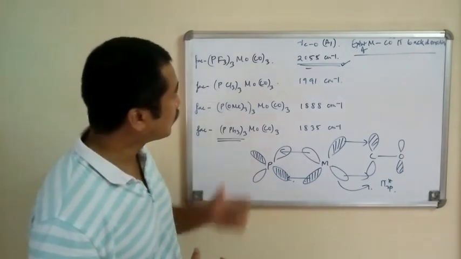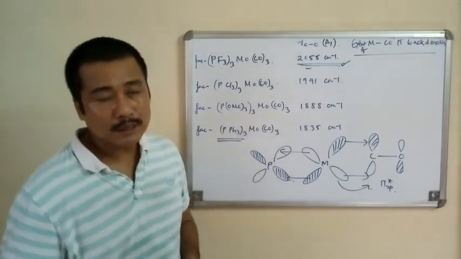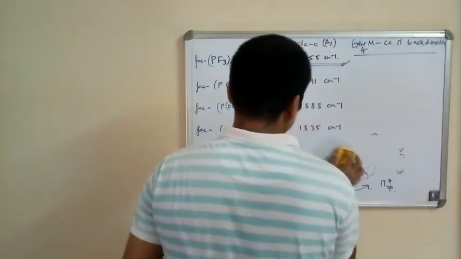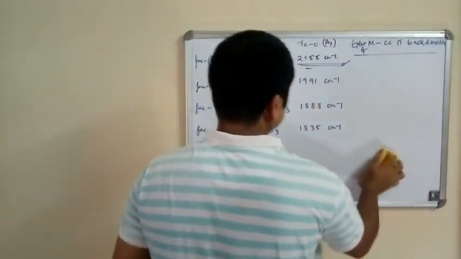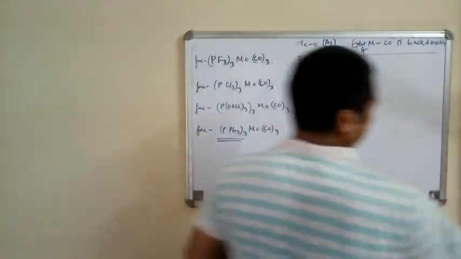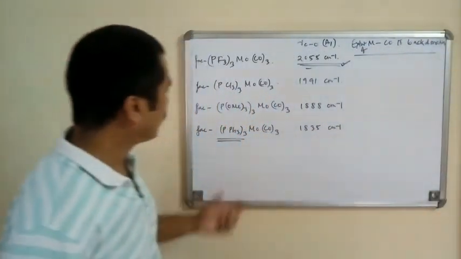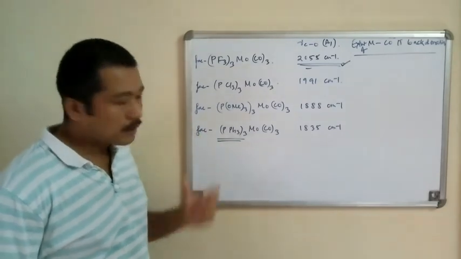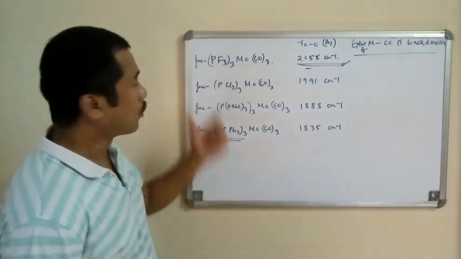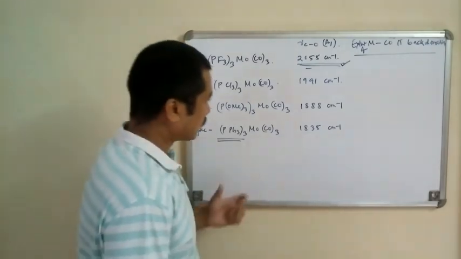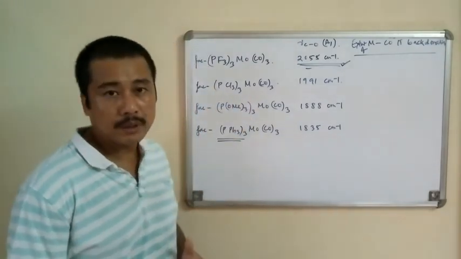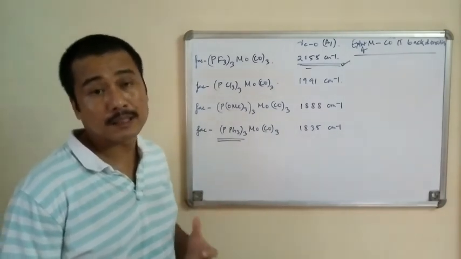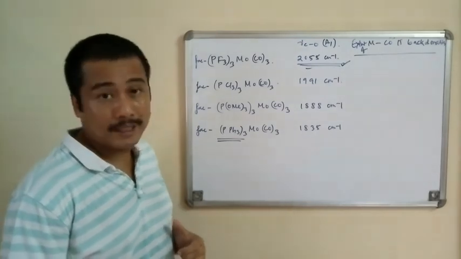So this allows us to predict the relative pi acceptor ability of different pi acid ligands just by looking at the CO stretching vibration. From here we can tell that the PF3 ligand is a better pi acceptor than PCl3, which is a better pi acceptor than POMe3, while PPh3 is the poorest pi acceptor as compared to all the other phosphine ligands over here. So just by comparing the CO stretching vibration, one can come up with the relative pi acceptor ability of different pi acid ligands.